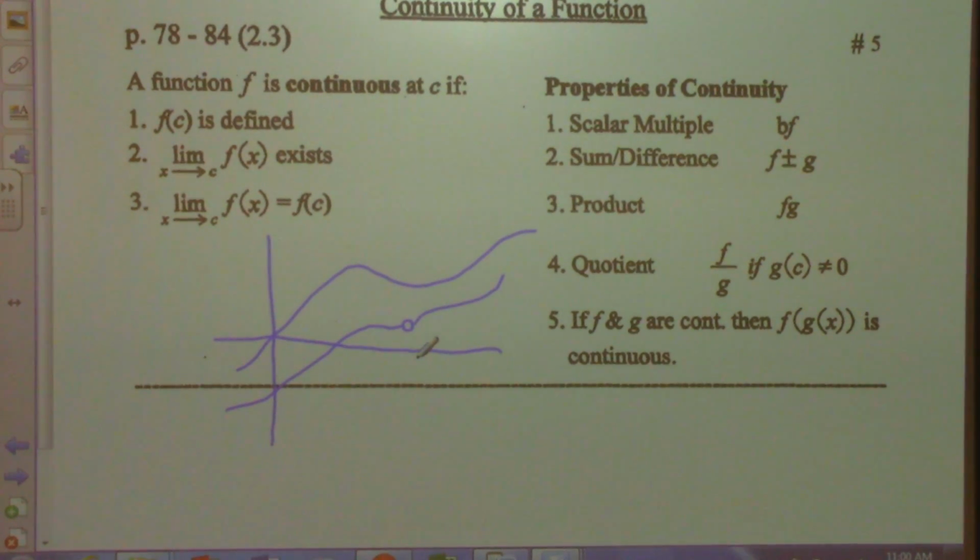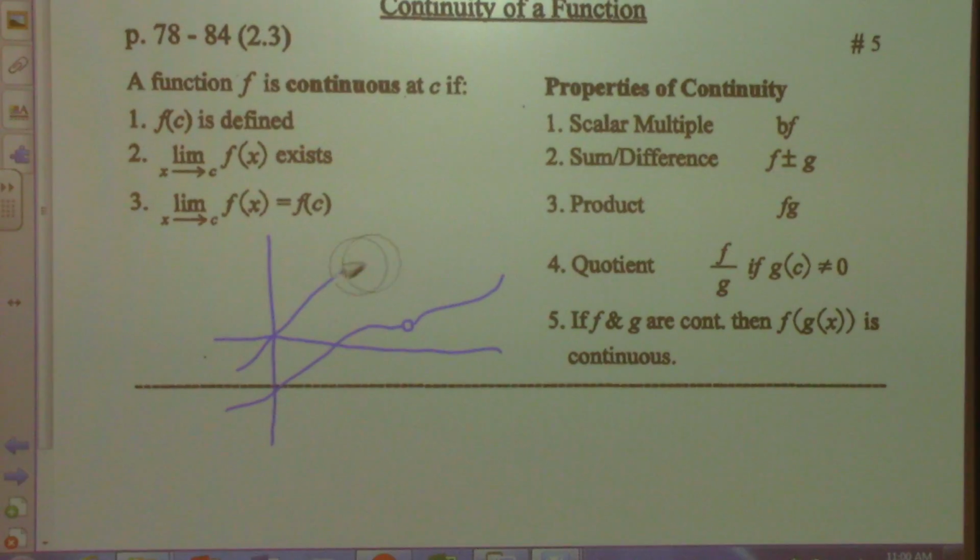No, there is not. Which condition fails for this one below here? Which condition is not met? The first condition, f of c is not defined.